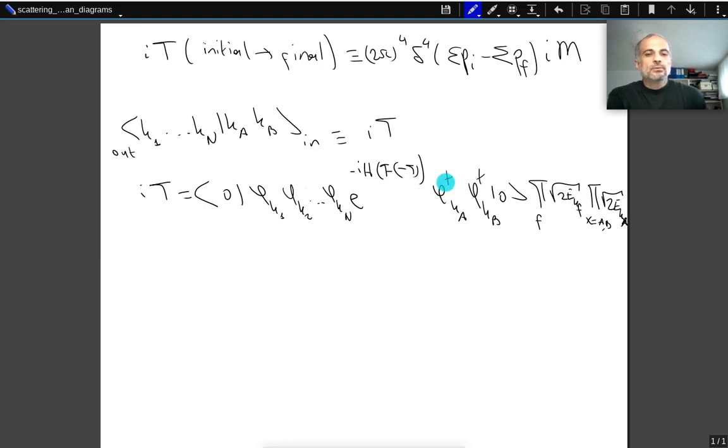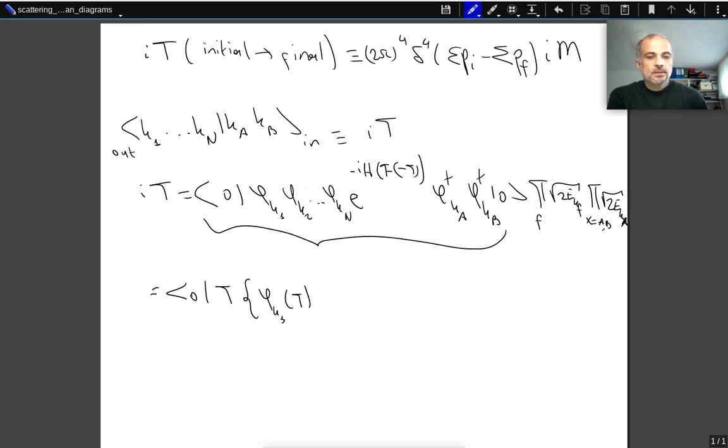Now we had already seen that. Let's just look at this matrix element over here. We had already seen before that this matrix element can be written in the interaction picture as a time-ordered product of phi of k_1, and remember, these operators are acting at the time t, phi k_2 at t, phi k_n of t.